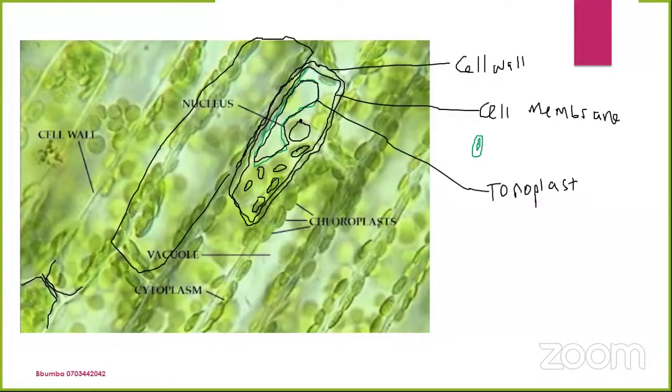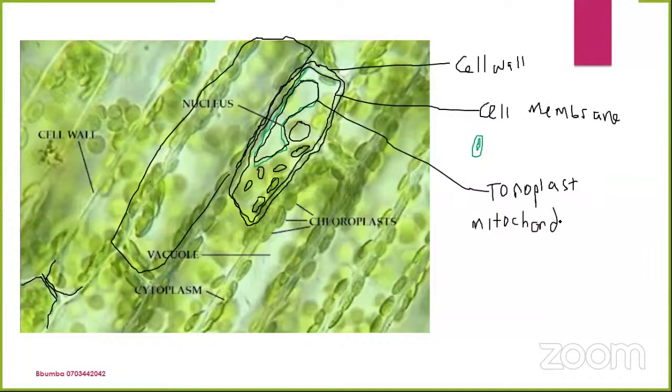Does a plant cell have mitochondria? Yes, that is very correct. A plant cell has mitochondria because mitochondria are the ones that make energy. So both the plant and animal cell have mitochondria.